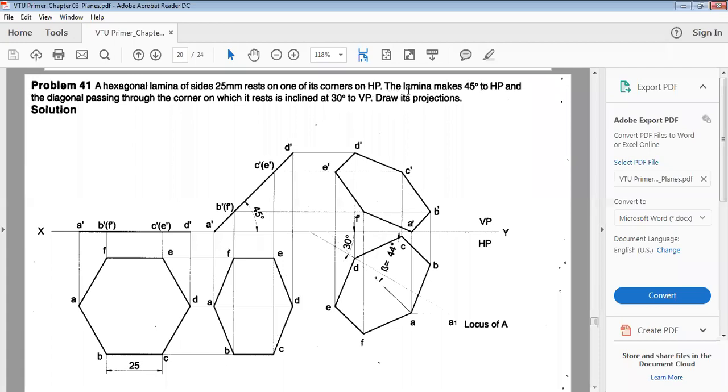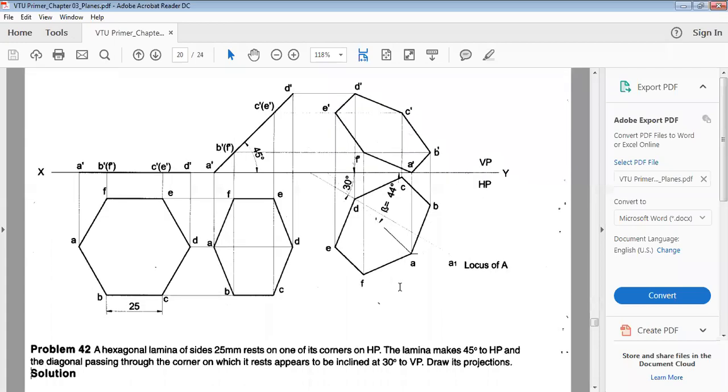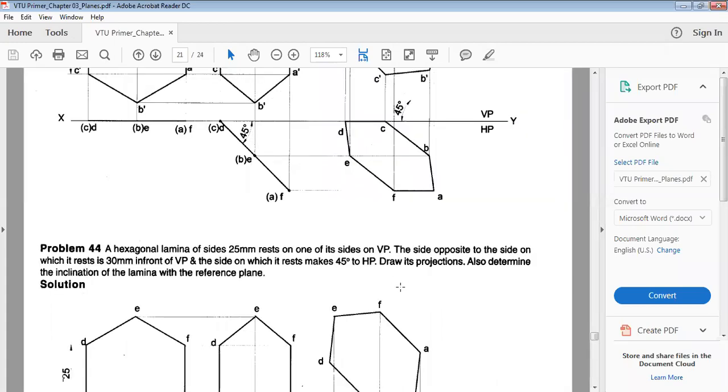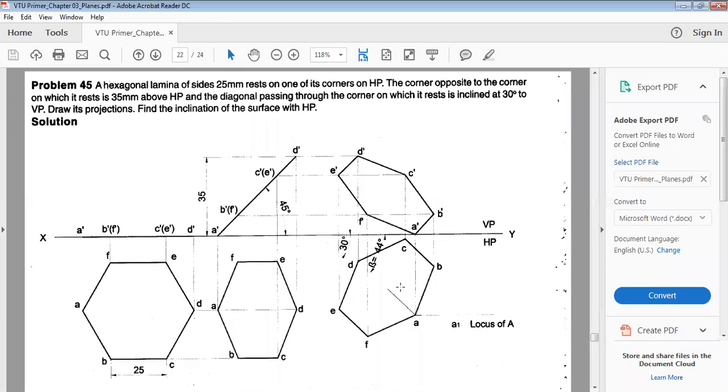The lamina makes 45 degrees to HP and the diagonal passing through the corner on which it rests is inclined 30 degrees to VP. So that's why, since the diagonal is making inclination, you have to go for a beta angle problem. Here also the diagonal passing through the corner on which it rests is inclined 30 degrees to VP. Same.